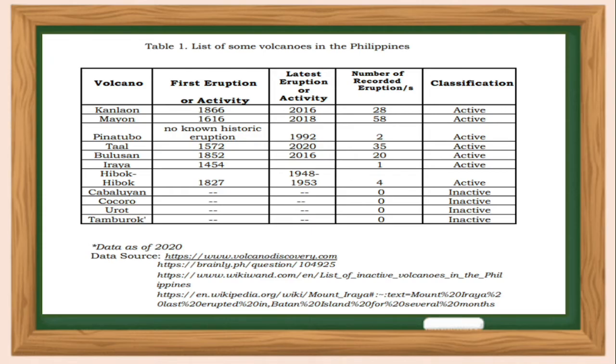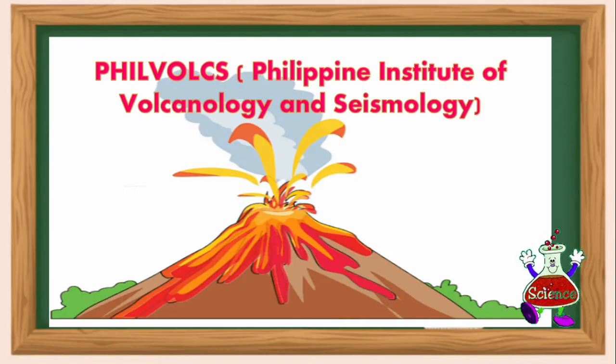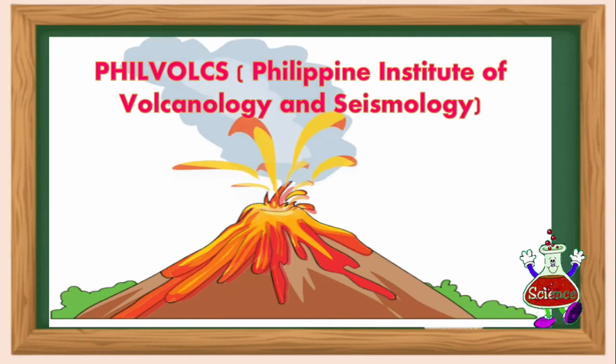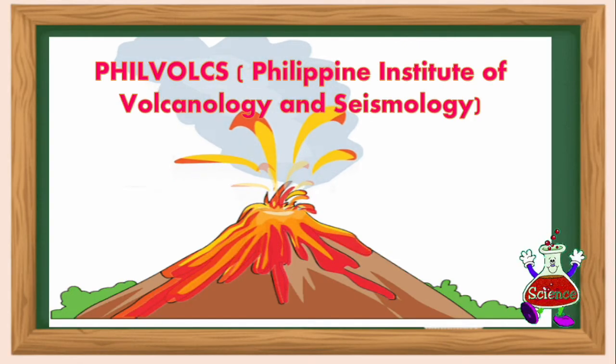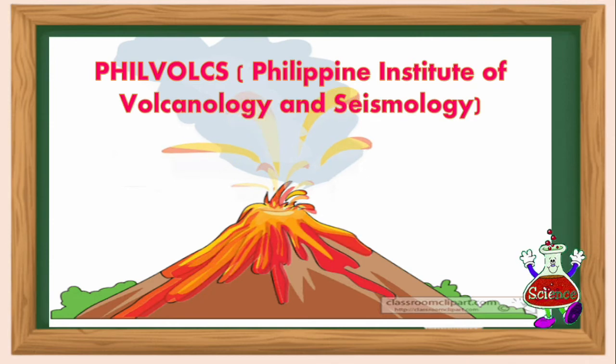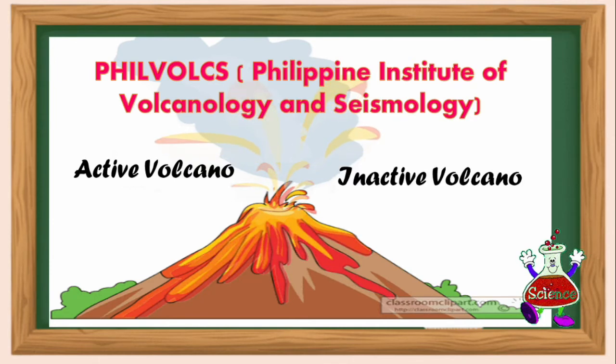The Philippines has about 300 volcanoes, and there are 23 active volcanoes, while the rest remain dormant and inactive. PHIVOLCS, or the Philippine Institute of Volcanology and Seismology, classified volcanic activity into active and inactive.